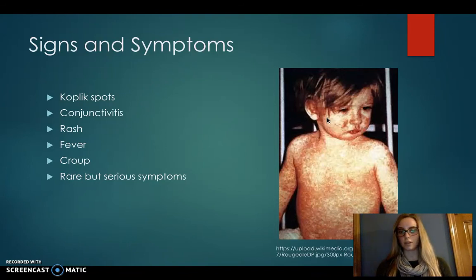Some rare but very serious symptoms can come when the virus travels to the central nervous system, which causes a lot of nerve damage. And it can also cause ear infections, which eventually lead to deafness. Measles is most typically identified with these spots of the rash.